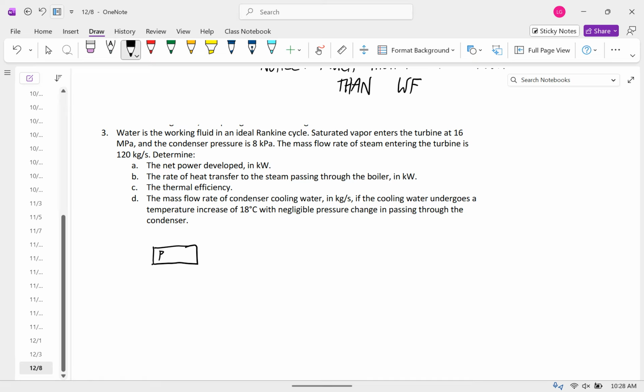Here we have the boiler. Here we have the turbine. Condenser.